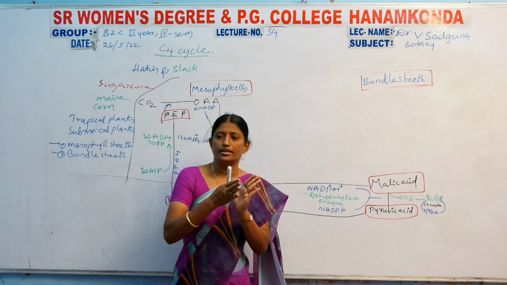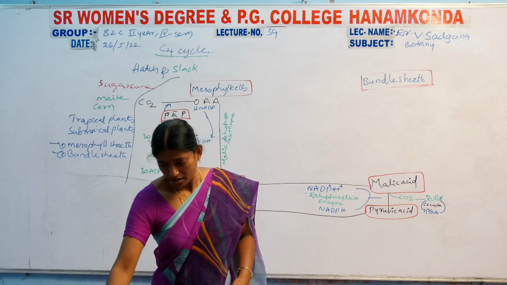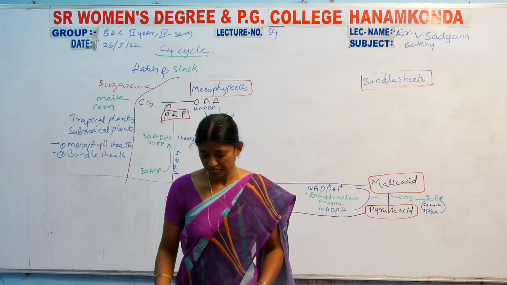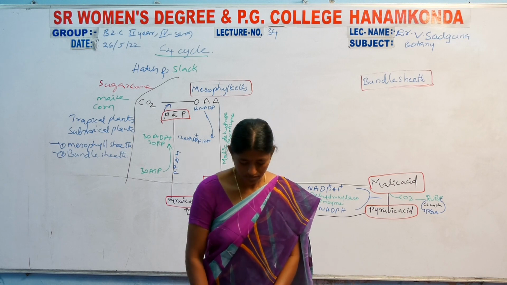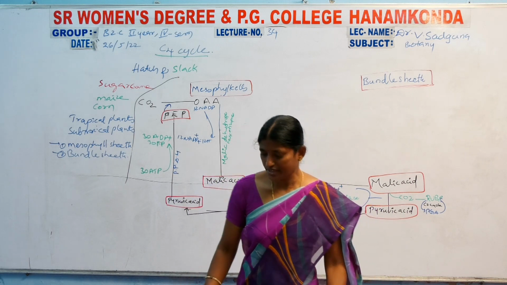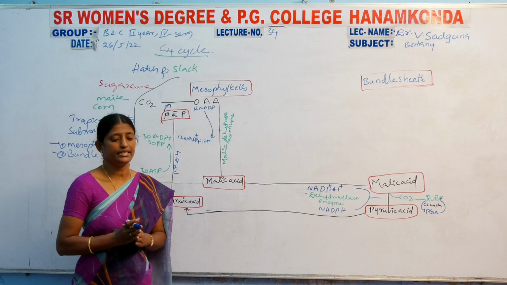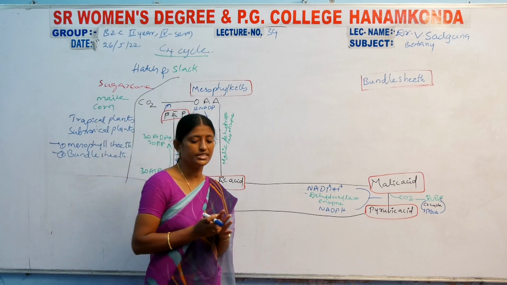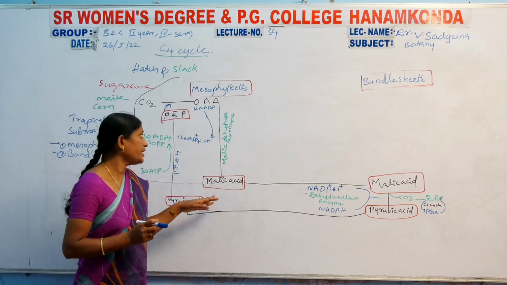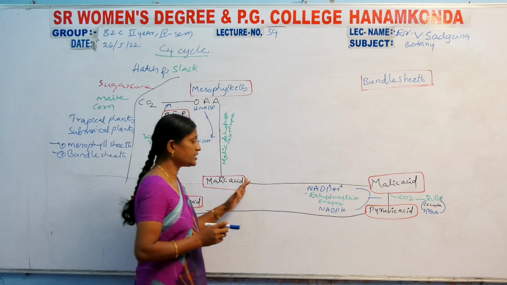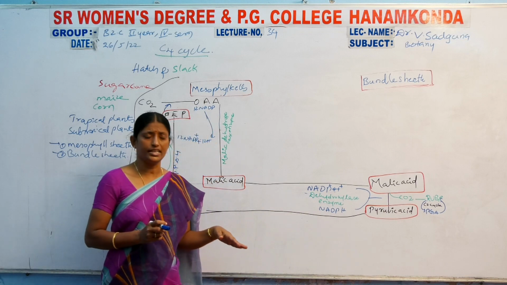Most of these reactions are completed in almost all, that is reduced to the malic acid, in the presence of the enzyme malic dehydrogenase. Okay. Then again it is converted into malic acid in the bundle sheath that has the dehydrogenase enzyme.